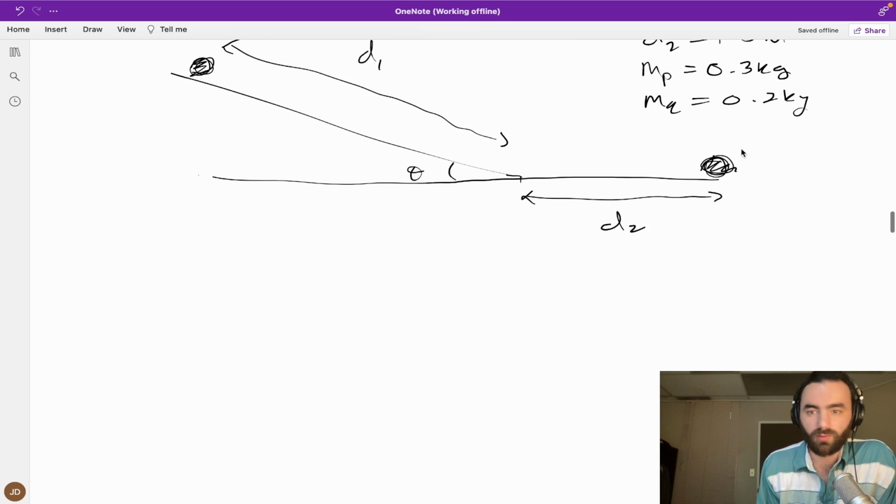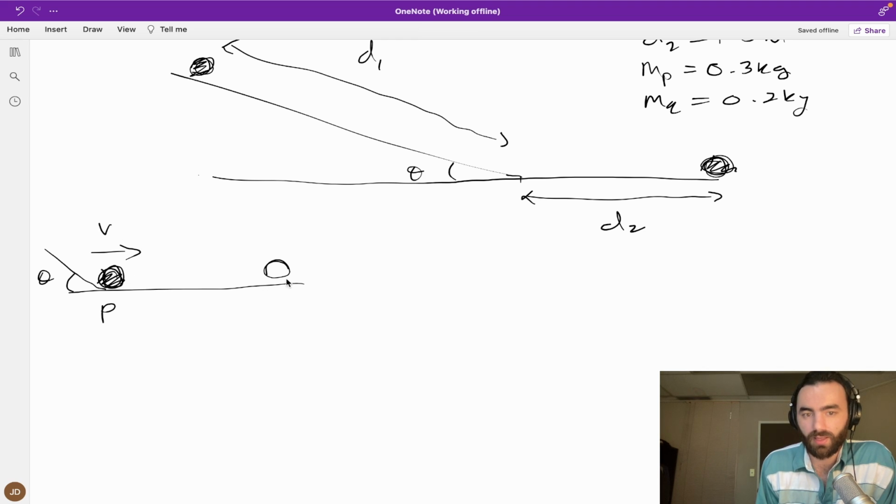So, a rough idea for this bottom part of the plane: there's going to be some speed, which we don't know, that P has. It's going to collide with Q, which is at rest.